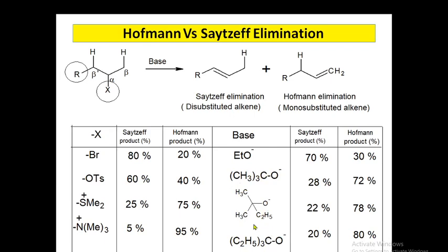Here again the size of the base increases as you go from top to bottom, and as the size of the base increases, the same difficulty occurs in abstracting this beta dash proton. Therefore, as the size of the attacking base increases, the percentage of Saytzeff product decreases and Hofmann increases. So remember that. These two factors are important here: size of the leaving group as well as size of the base.